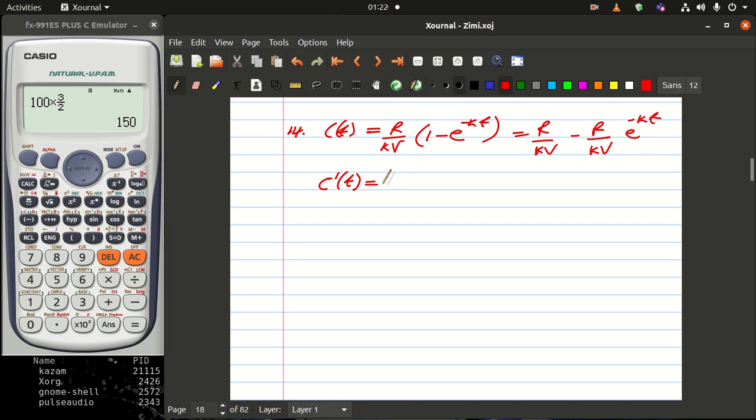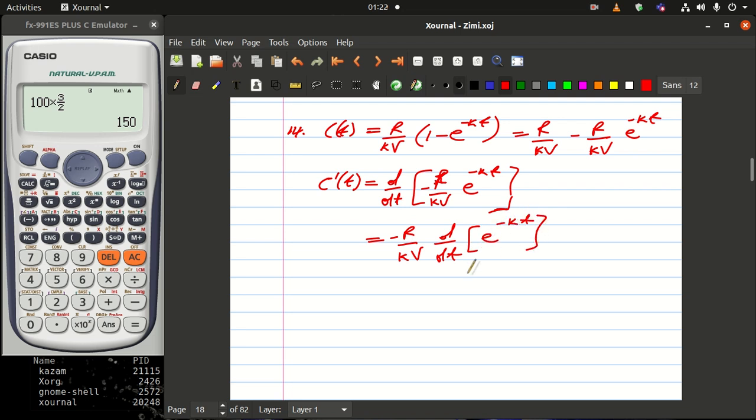So this is going to be the derivative with respect to t of minus r over kv times e raised to minus kt. If you look at this, r is a constant, k is a constant, v is a constant, so we can pull it out of the derivative symbol, because a constant can always be pulled out of the derivative.